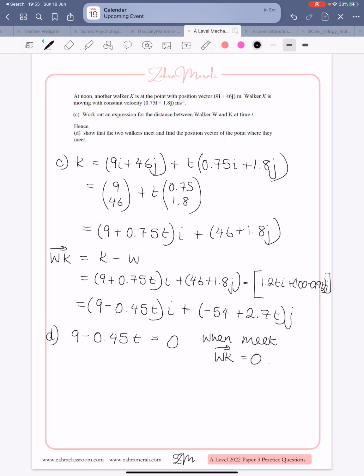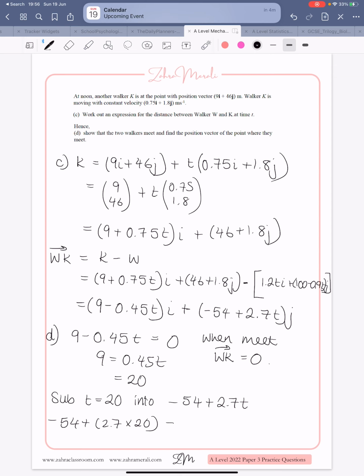If I rearrange that, I'm going to get 9 equals 0.45t. So t equals 20. If I sub t equals 20 into minus 54 plus 2.7t, I should, if it's correct, get 0. And that will prove that they meet. So equals 0. So they meet.